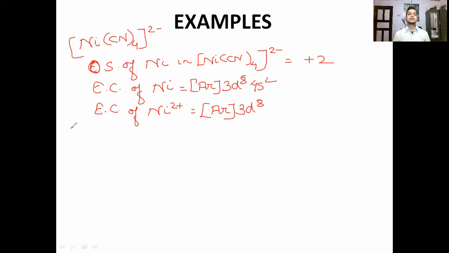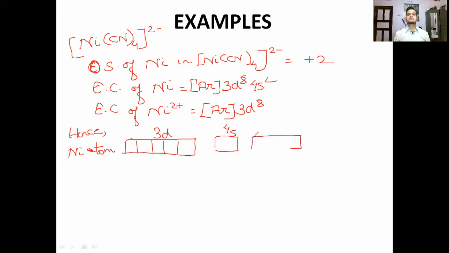Then, for the Ni atom: 3d, 4s, 4p, with 3d8, 1, 2, 3, 4, 5, 6, 7, 8, and 4s2. Then the Ni2+ ion.